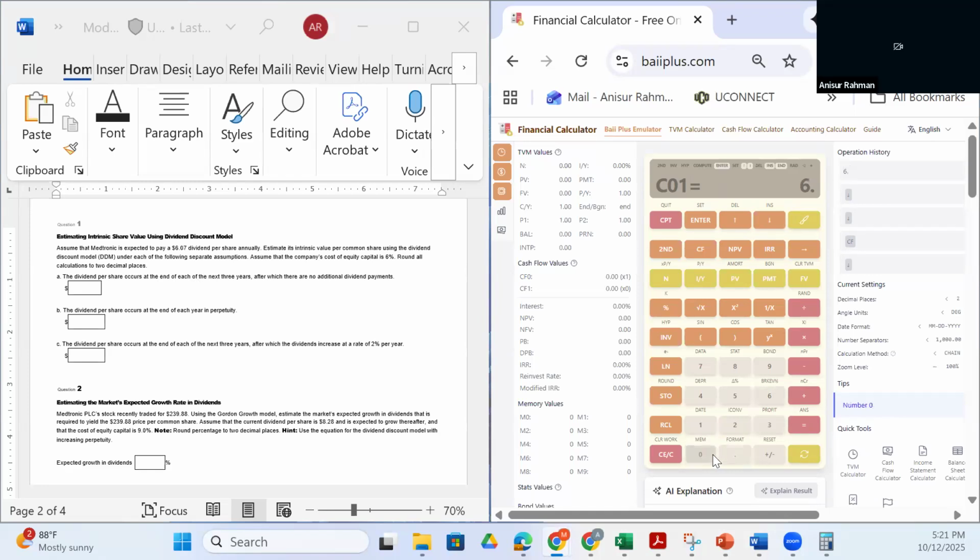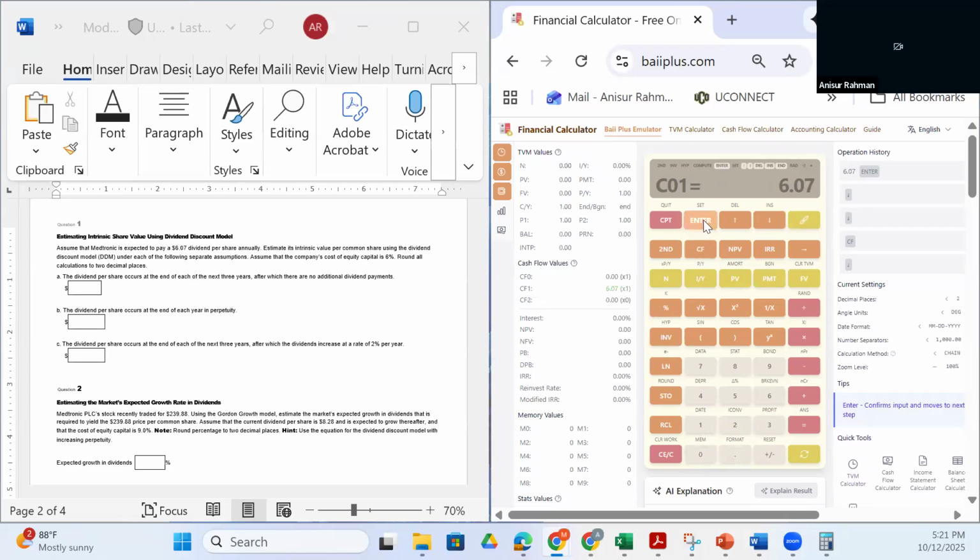$6.07. After you enter this, it will not be stored immediately. You have to press this enter key. Remember that in your physical calculator. Now go down. This is saying F01.